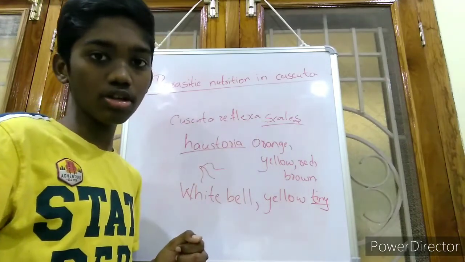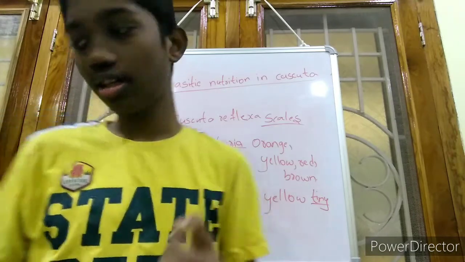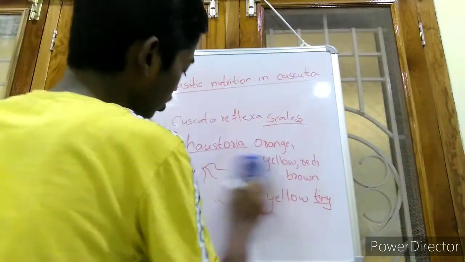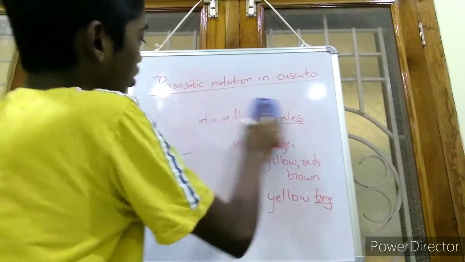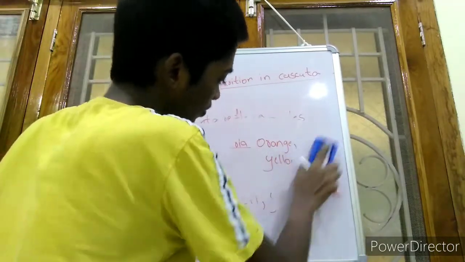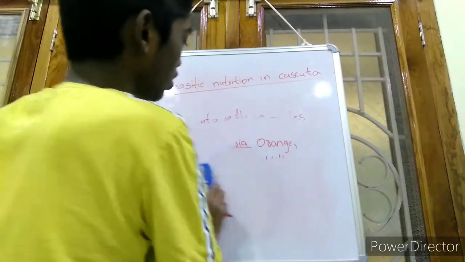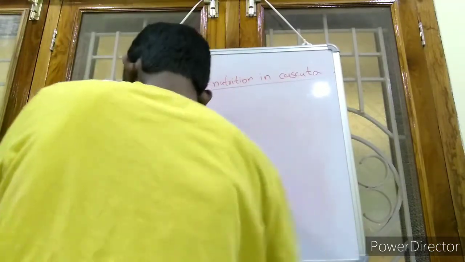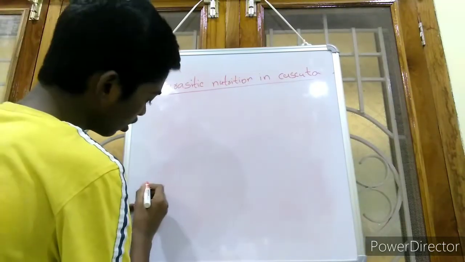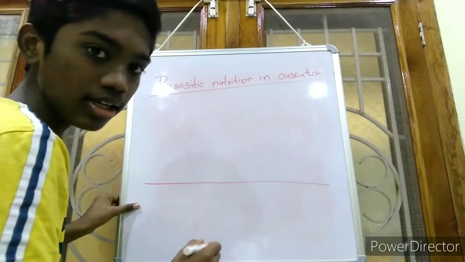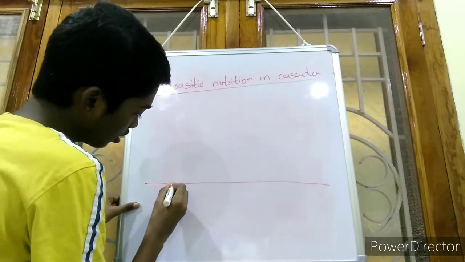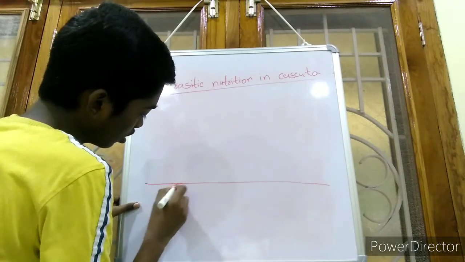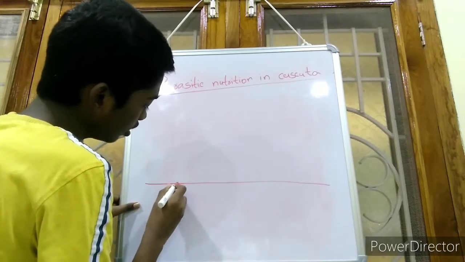Now let us look at the germination of this Cuscuta seed and how it will survive. I will explain with the help of a diagram. So friends, this is the land. Here it is the seed of Cuscuta.